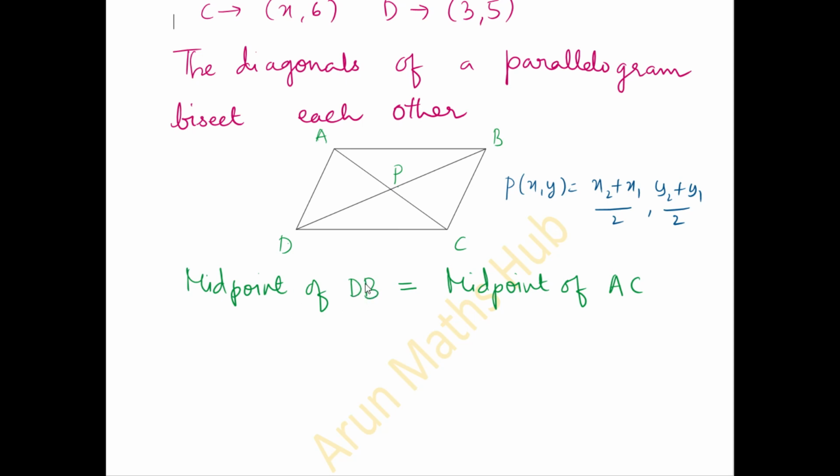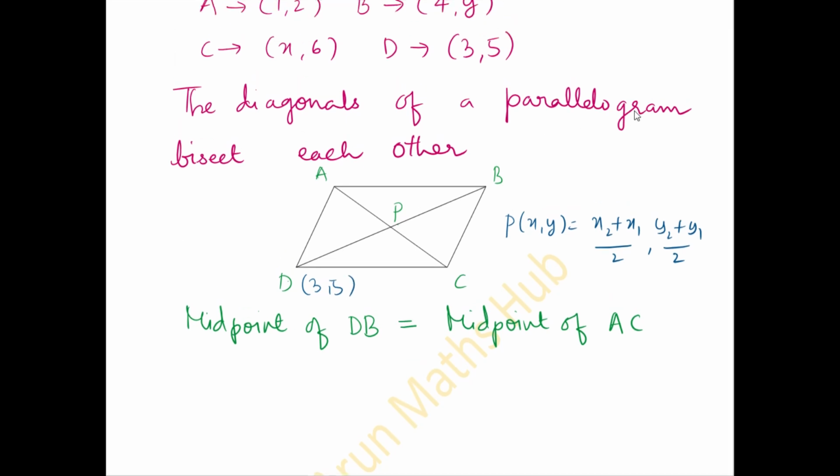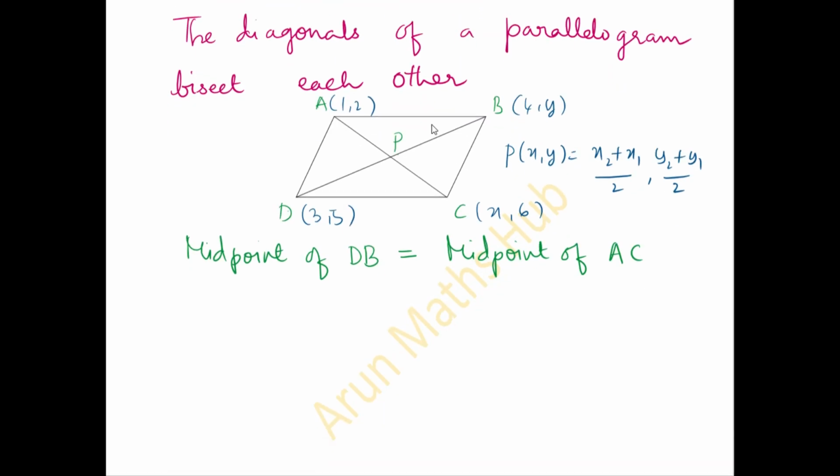What is the midpoint of DB? What is the point D? D is (3, 5). B is (4, y). What is A? A is (-1, 2). C is (x, 6).